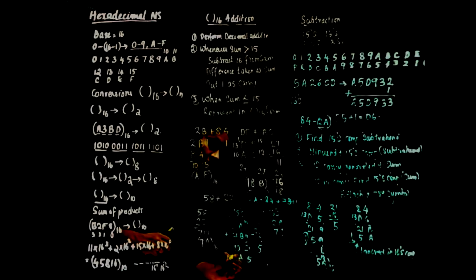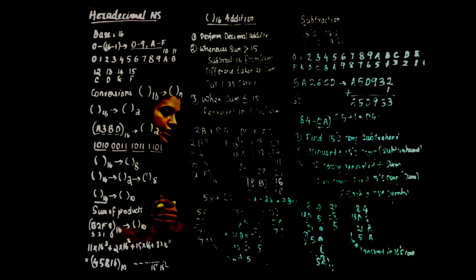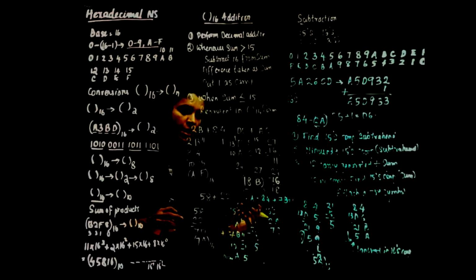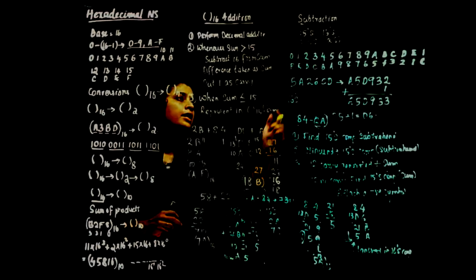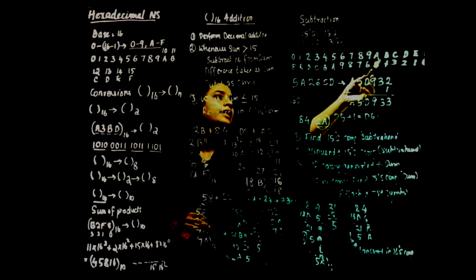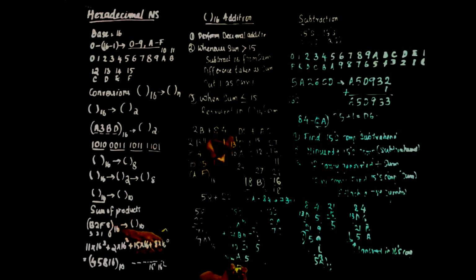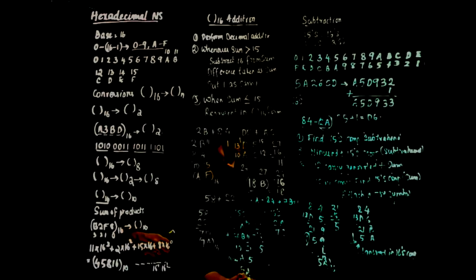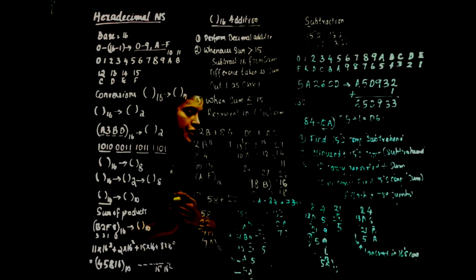No carry generated. No carry generated means we have to find the 15's complement of the sum obtained. A corresponds to 5, and 5 corresponds to A. So 5A, and attach a negative sign.